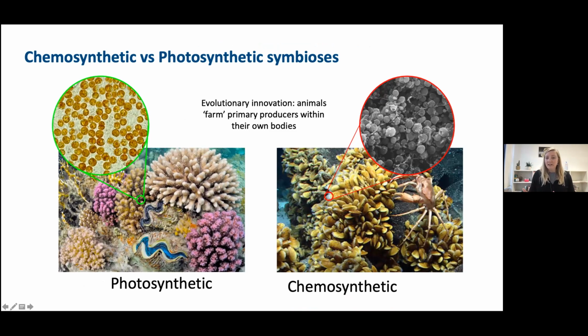And these bacteria are also primary producers, but instead of using sunlight, they're using chemical energy to power this process. But they do provide a source of nutrition for their animal hosts. In the deep sea, this is very important because there is no sunlight to power the ecosystems of animals found in the deep sea. So the evolutionary innovation here was that animals farm these primary producers within their own bodies instead of filtering them out or eating them from the environment.